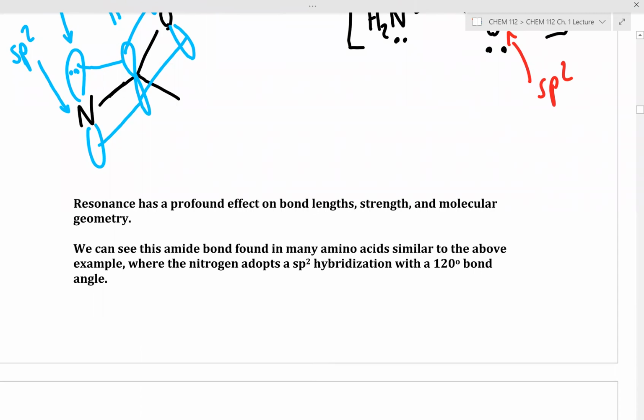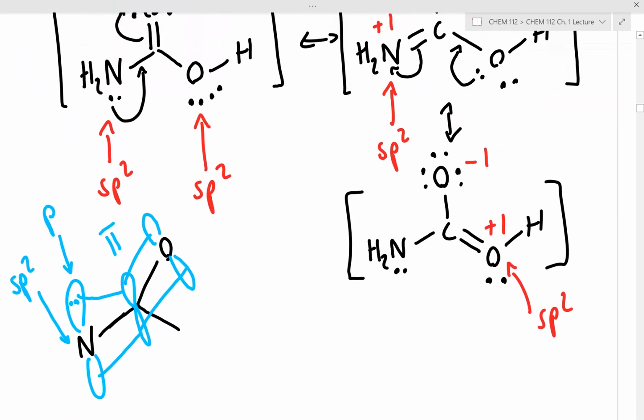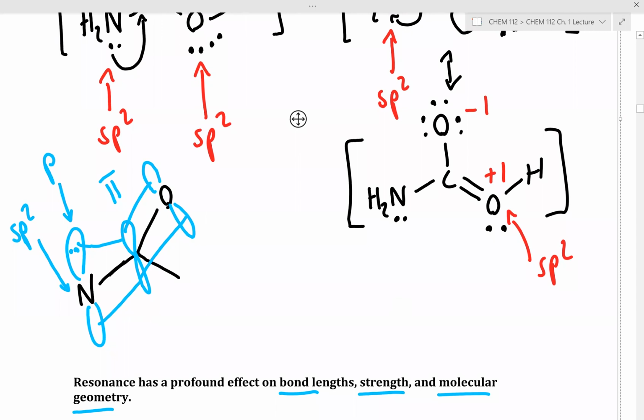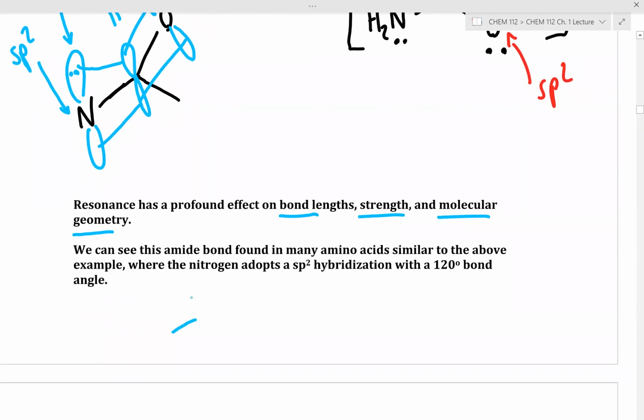Okay, now you may say, what's the point? Well, resonance has a profound effect on your bond length, strength, and your molecular geometry. So for example, when we look at the bond angles involved in this overall structure, if we look at the bond angle centered, for example, in our amides, if we wanted to predict a priori, what would the bond angle around nitrogen be?